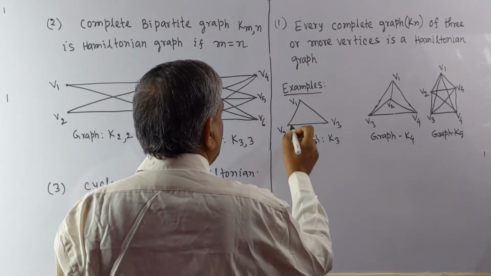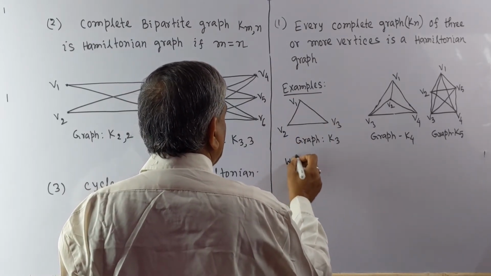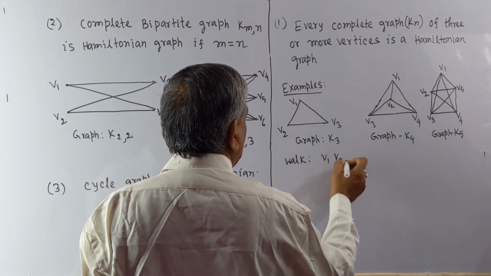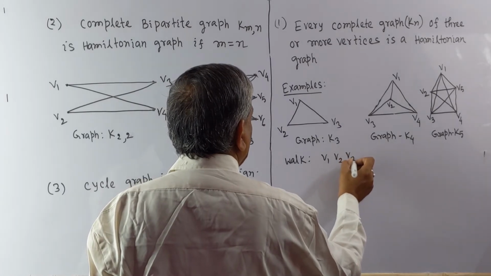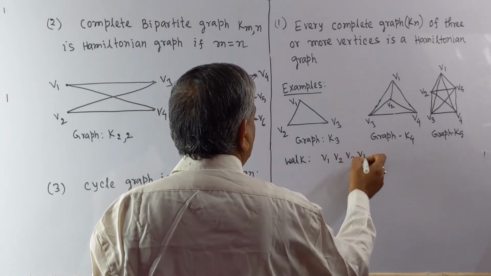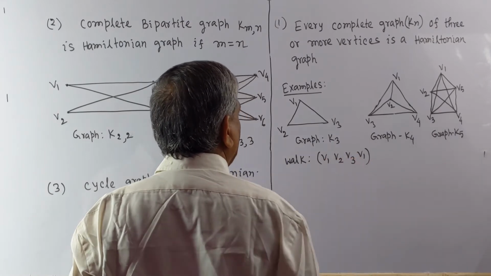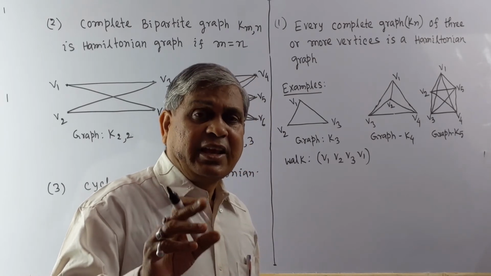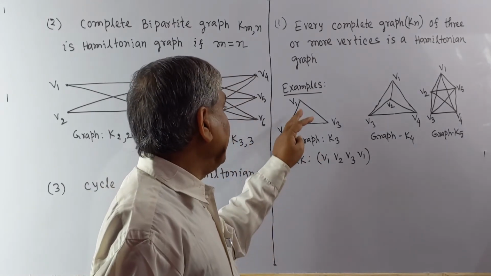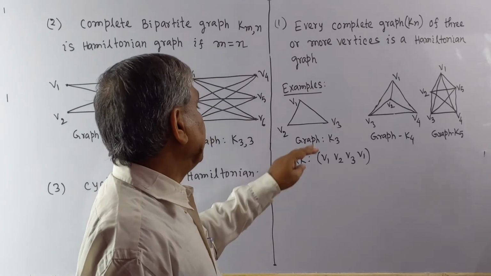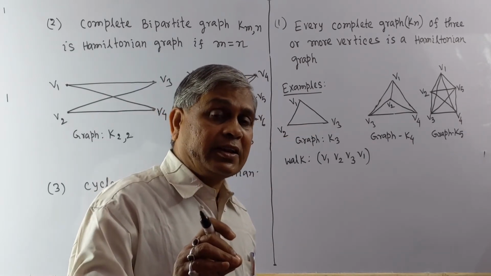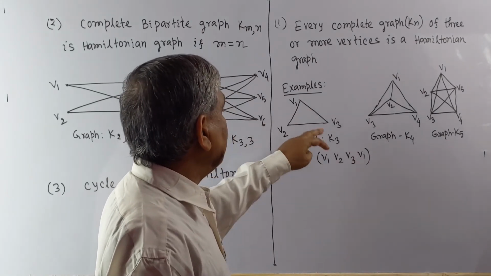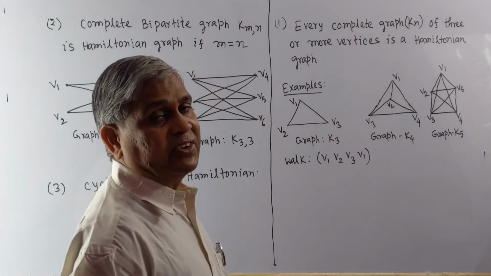We may take the walk, a closed walk: V1, V2, V3, V1. Here each vertex appears once except starting and end vertex V1. So it is a Hamiltonian circuit. Therefore this graph K3 is a Hamiltonian graph.